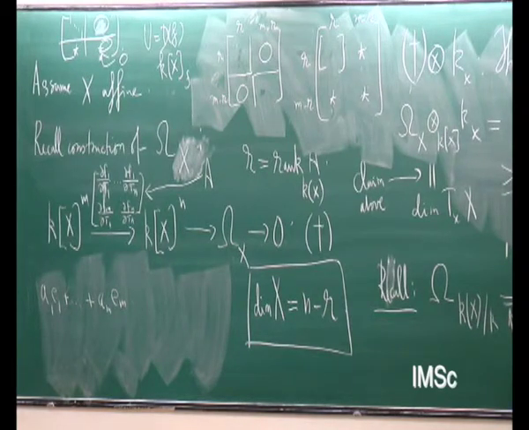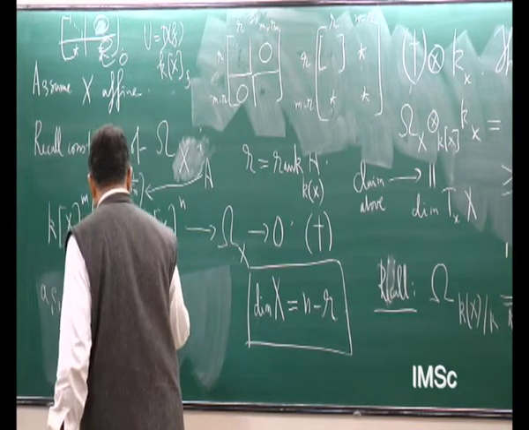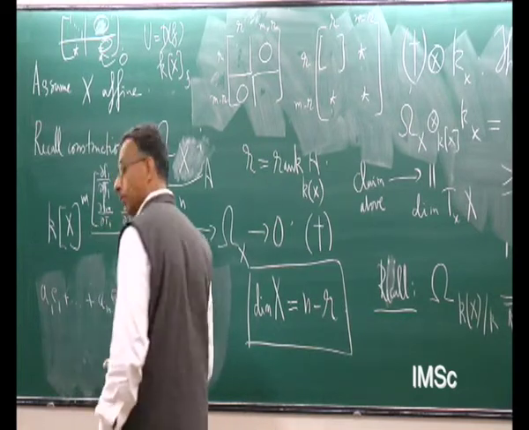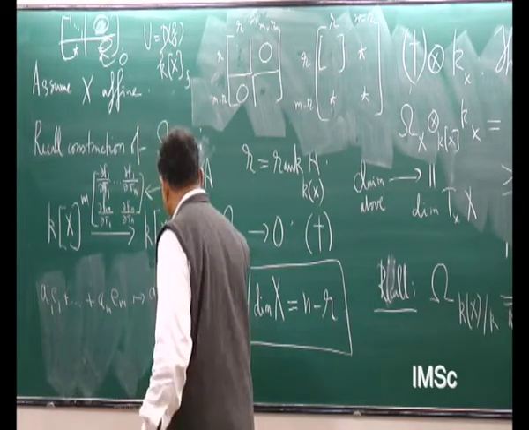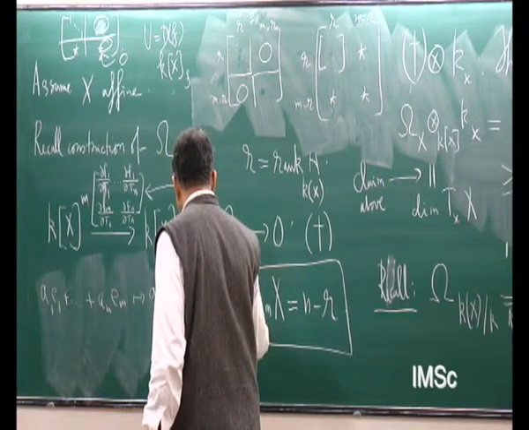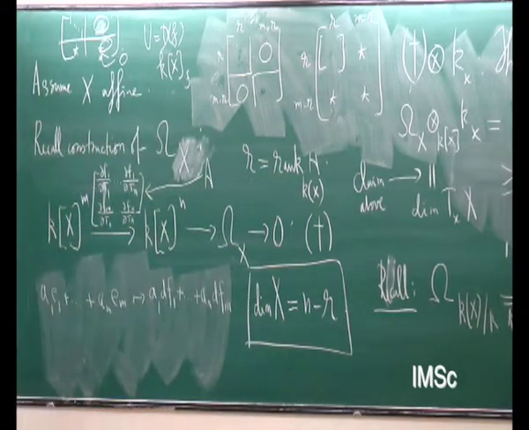What is the image of that? That image goes to A1 D F1 plus ... plus AM D FM, where F1, F2, through Fm are those elements.